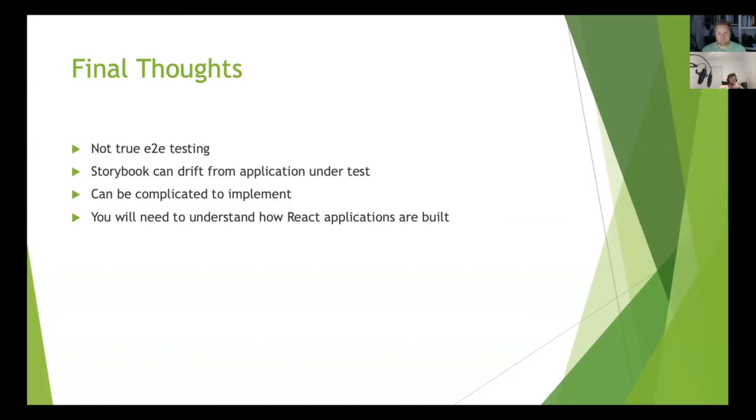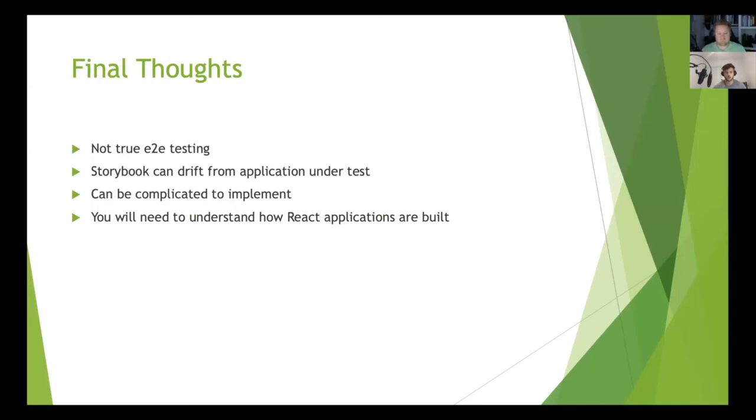We also need to think about the fact that Storybook doesn't really represent the whole app, and that can cause issues, especially if things like CDNs or firewalls or API gateways sit in front of the actual application.